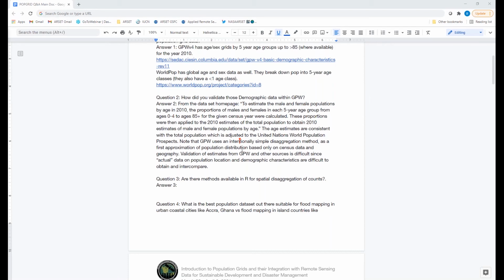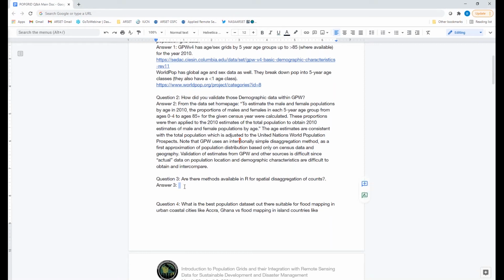The age totals do add back up to the national level World Population Prospects estimates, but there's no real detailed validation. And that's a general issue with all of the population estimates, GPW and others, which is that these are model estimates of population distribution.